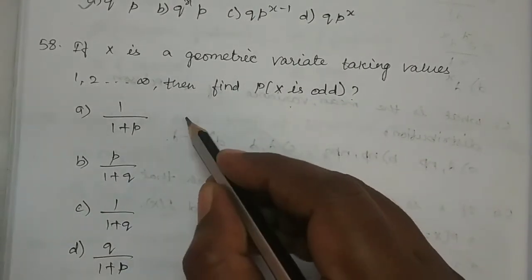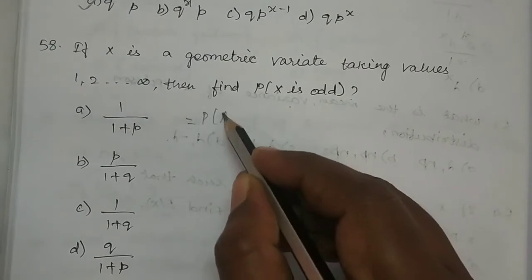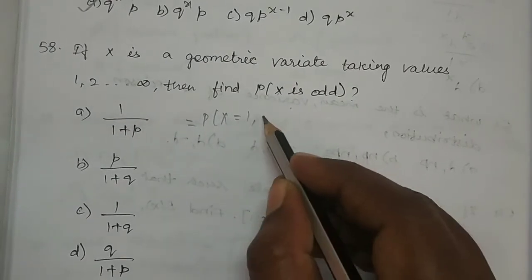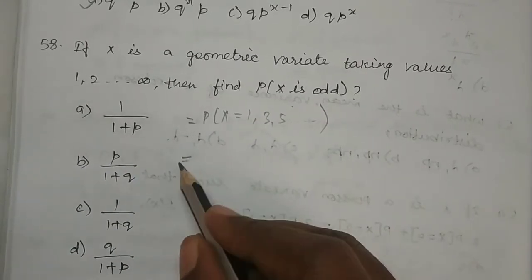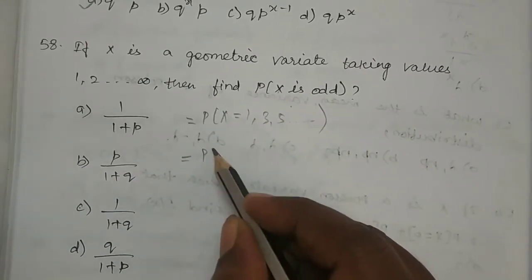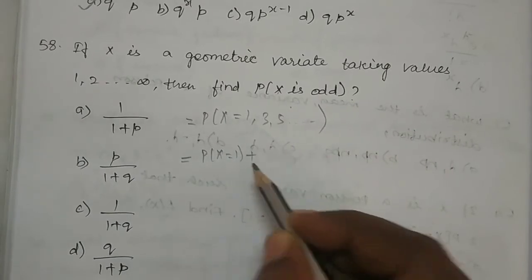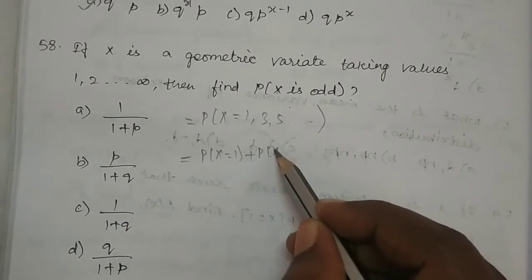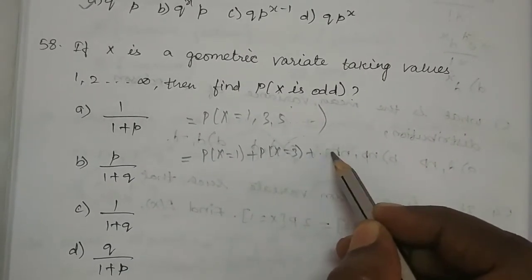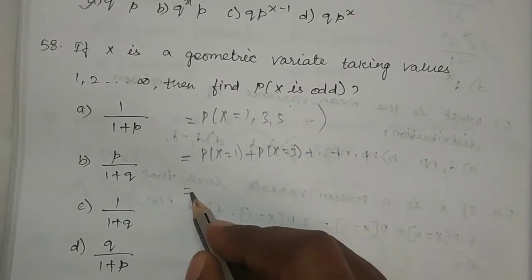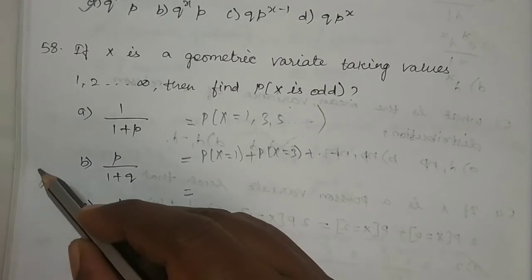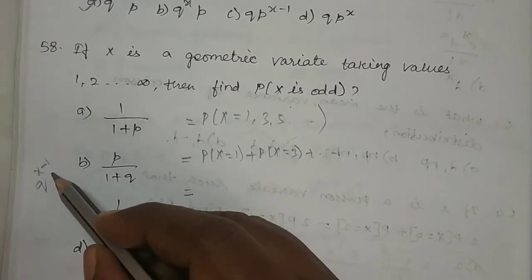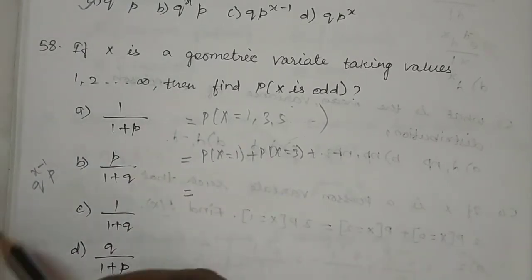So if x equal to odd means P of x equal to 1, 3, 5 etc. So this can be rewritten as P of x equal to 1 plus P of x equal to 3 plus etc. which is equal to, for the geometric variate, the PMF is q power x minus 1 into p.